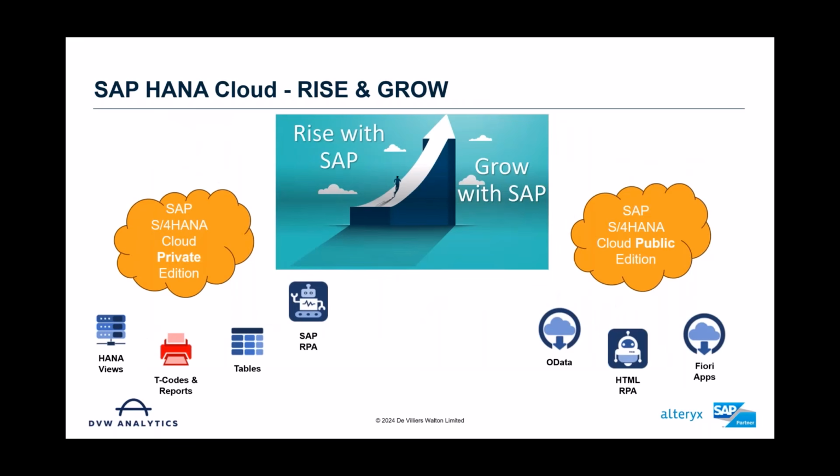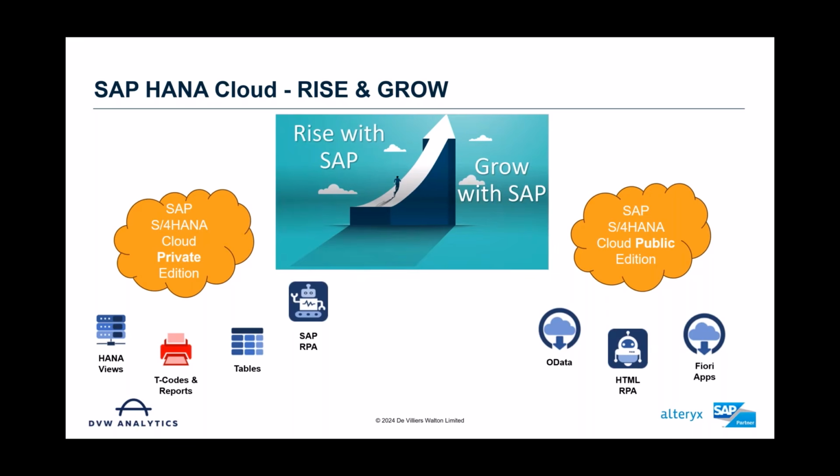When I say SAP, just for some new kids on the block, if you know a little bit about SAP, you may have heard of Rise and Grow. This is HANA in the cloud, so SAP HANA Cloud. There are two editions. One is a private cloud edition, which is effectively an ABAP solution, but just on somebody else's server.